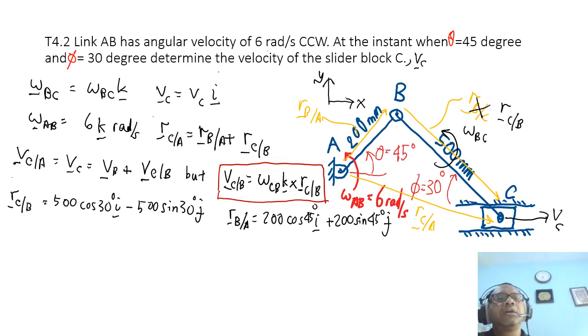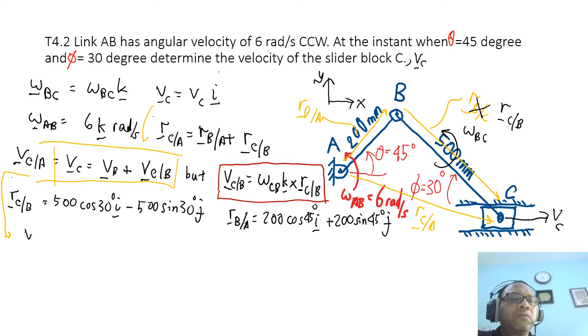So now we can put all the values that we have here. Remember, we know that VC equals VC I, so we can now write the equation here. VC I equals VB. VB is omega AB. What is omega AB? It is 6K. Sorry, I have to put VB here.